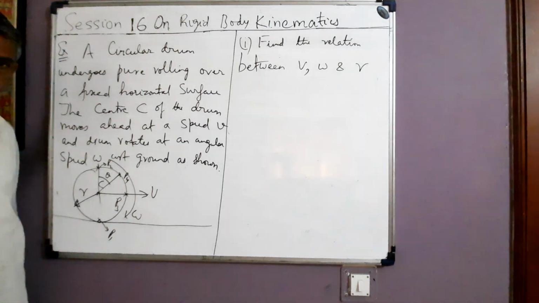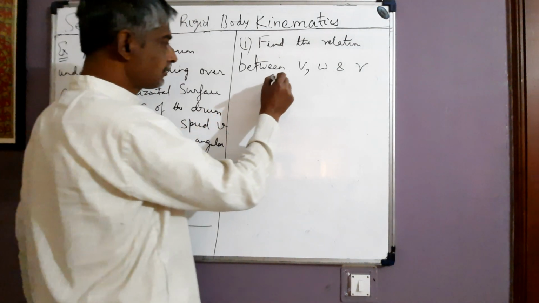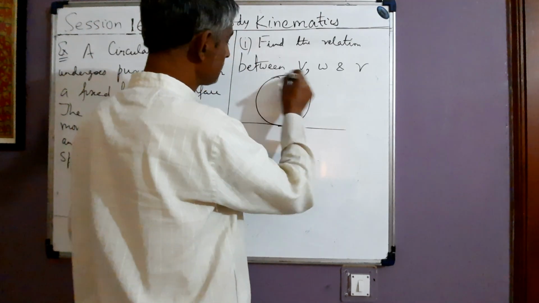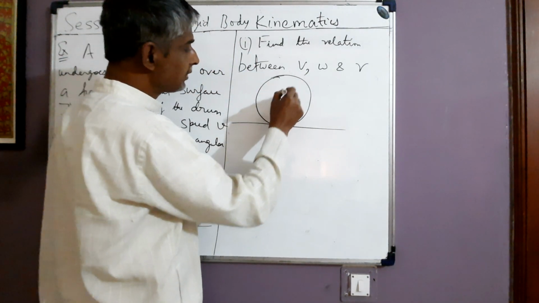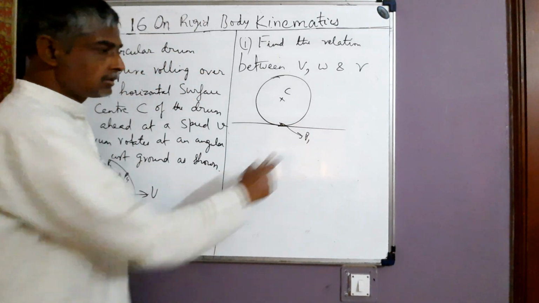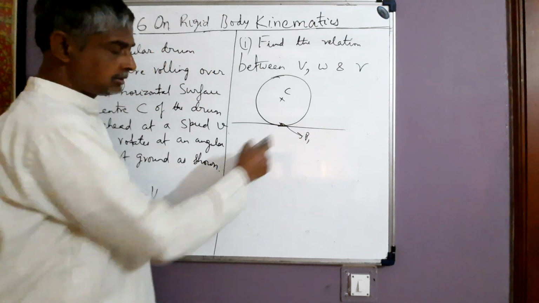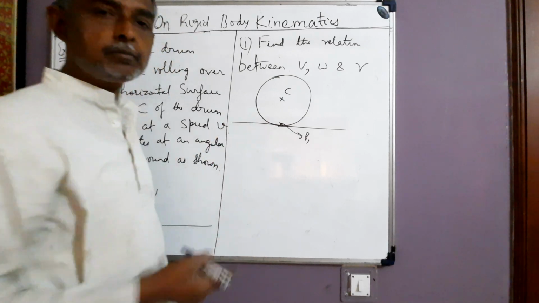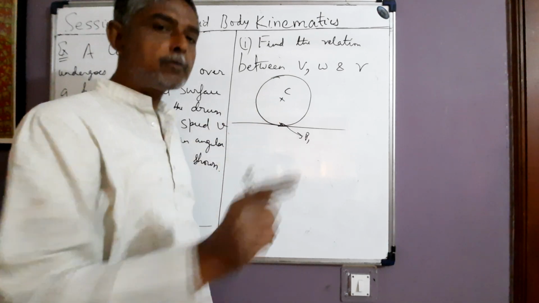That is the question. So I'll draw the diagram here again for the sake of clarity. See, this is the center C of the drum. This is the point P1 of the drum in contact with the ground. This is the ground surface. The ground frame is the frame under observation. We observe the drum from the ground frame.